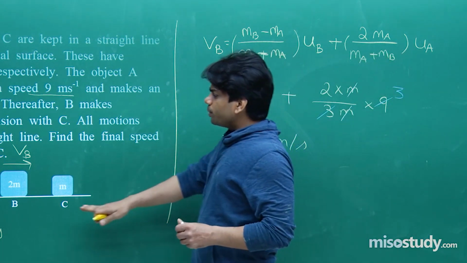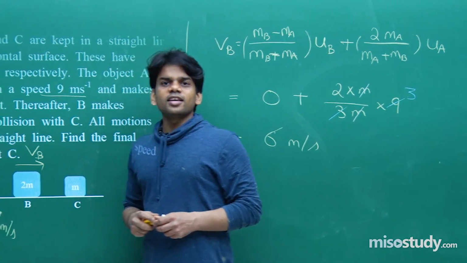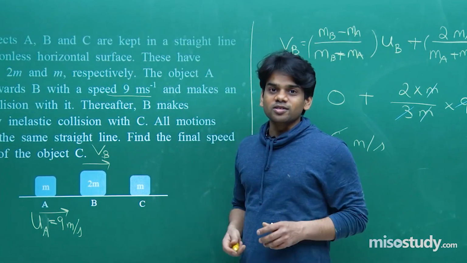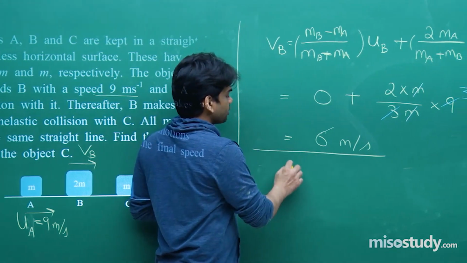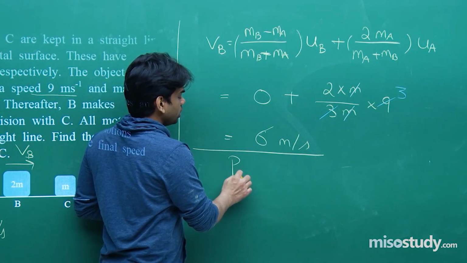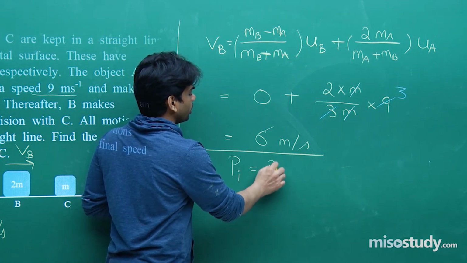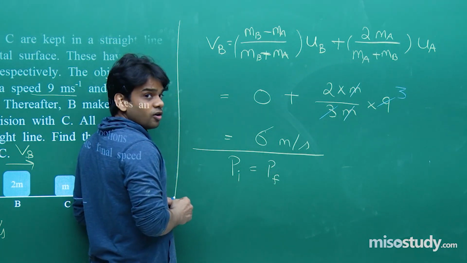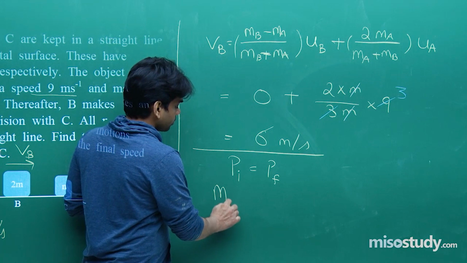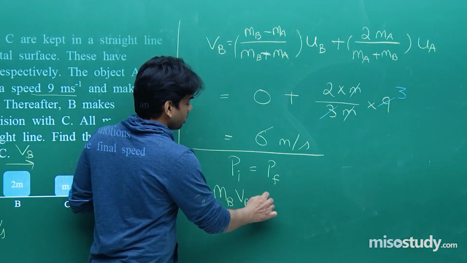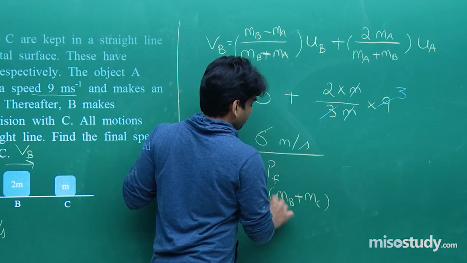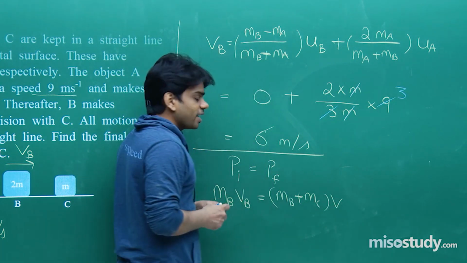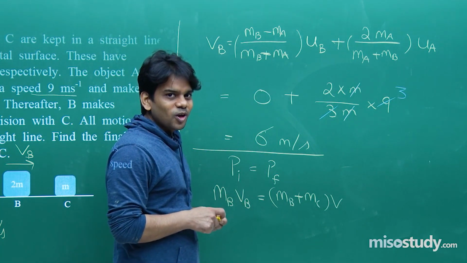Now, although between B and C we are having an inelastic collision, the momentum will remain conserved. So, as B collides with C, as momentum will remain conserved, momentum before collision, let's take that as initial, and momentum after collision, let's take that as final. For B, mass of B multiplied with velocity of B is equal to combined mass of B plus mass of C multiplied with their common velocity, which will be the velocity of C also.